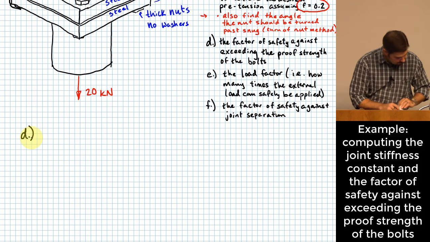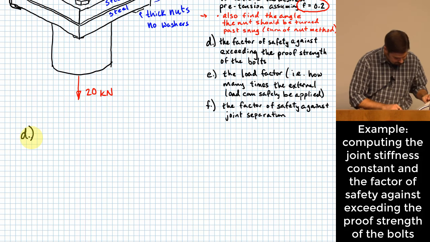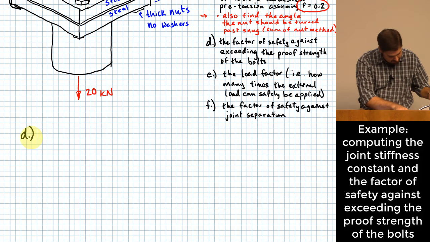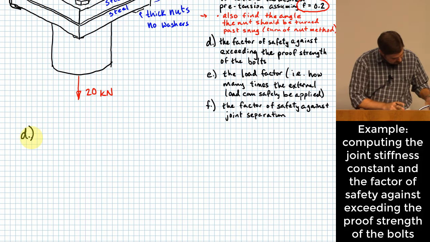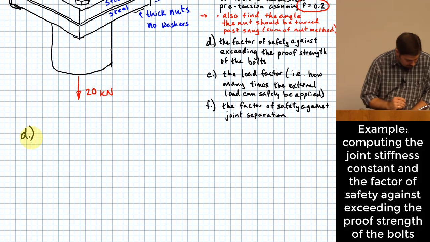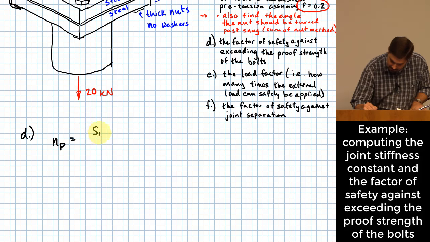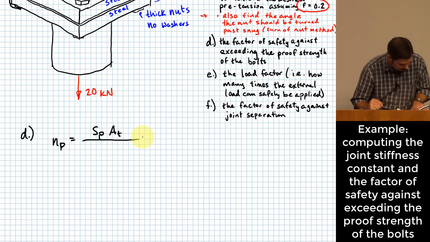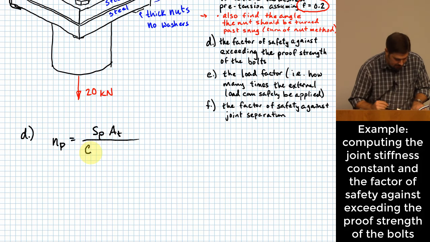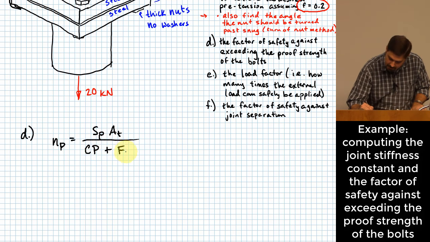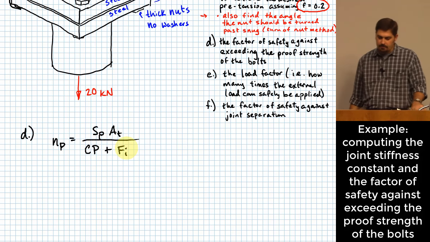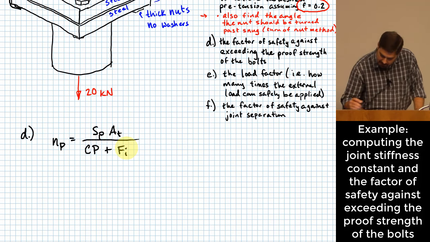It is N sub P. What we see for N sub P is S sub P times A sub T over capital C, which is our joint stiffness constant, multiplied by the amount of additional external load that's applied, plus the preload. And so that means that we need C.